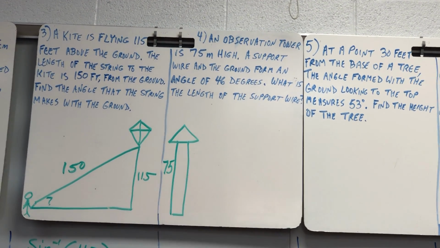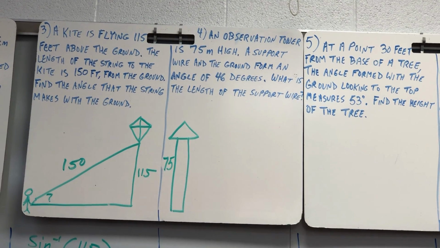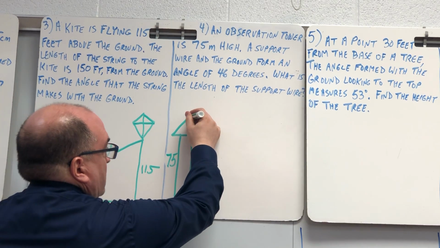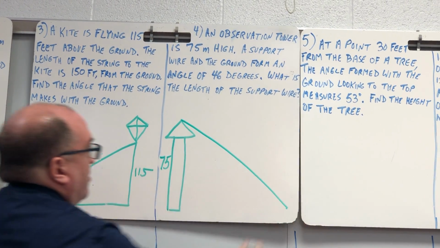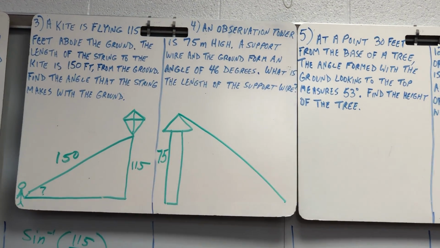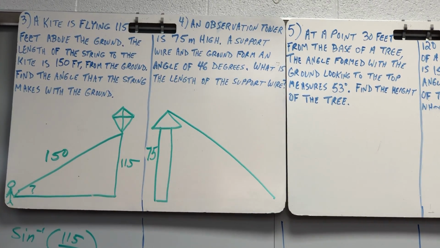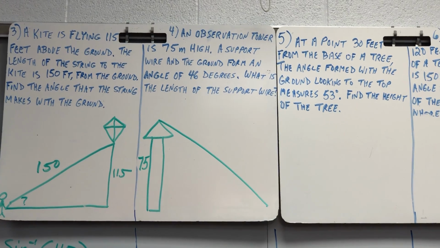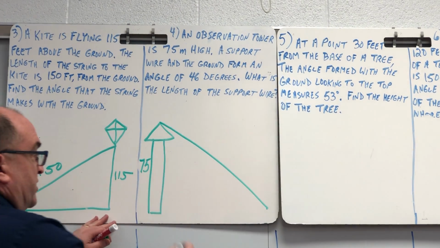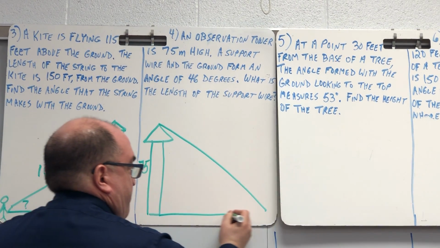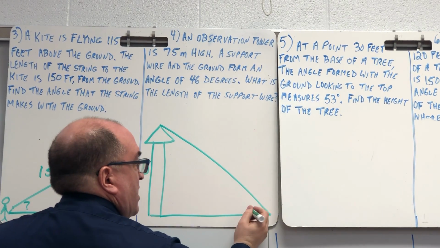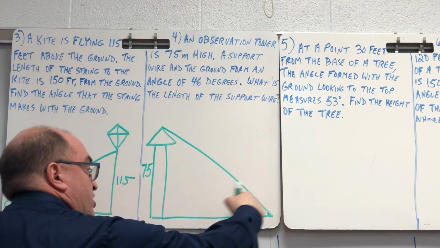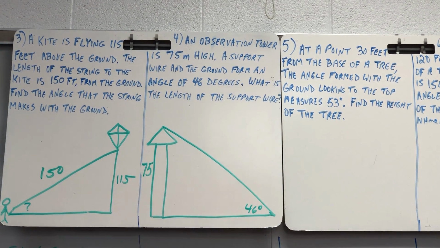There's some kind of support wire, and the ground. A support wire and the ground form an angle of 46 degrees. So here's the ground. 46 degrees.